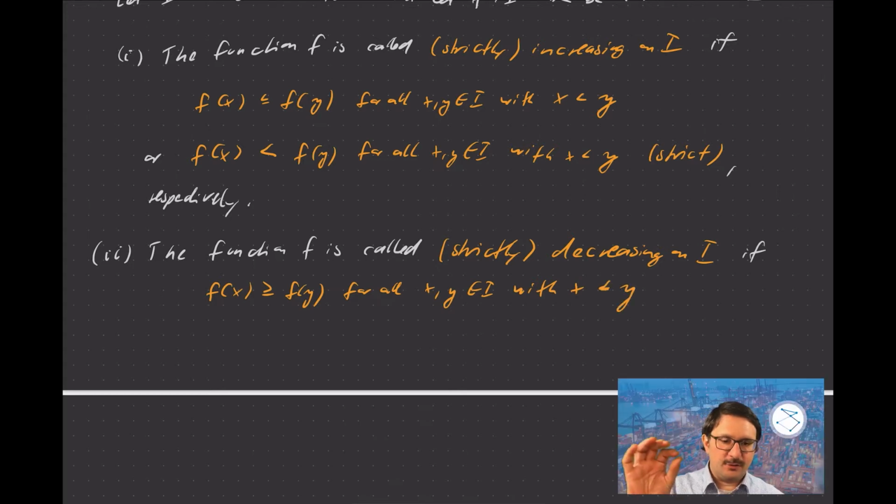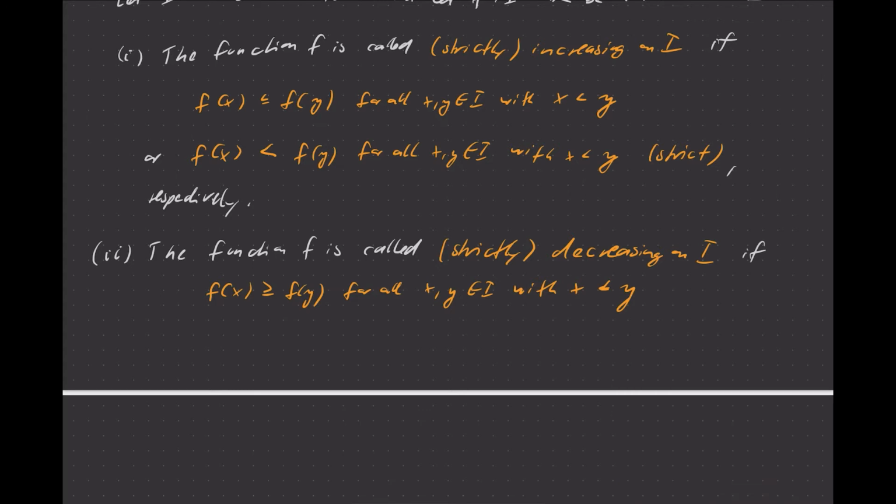So again, we take 2 points, x, y being to the right of x, and then we want the function to be decreasing. That means the function value at x is higher, and then the function decreases towards y. So that's decreasing, and of course, strictly decreasing is almost the same.